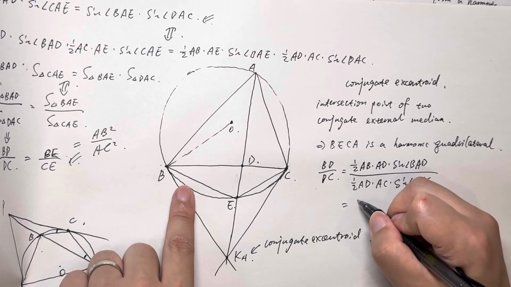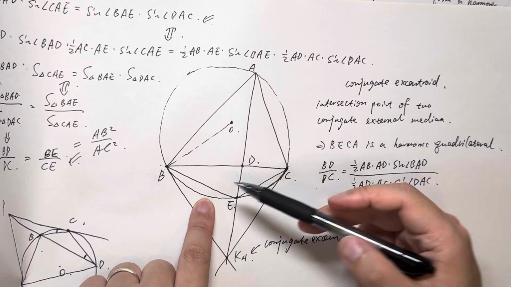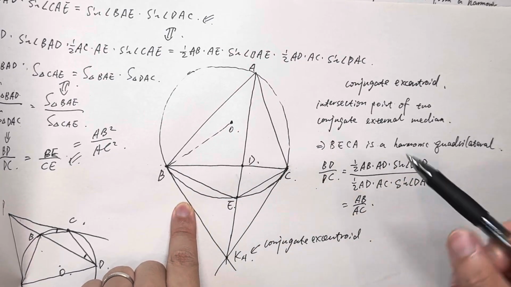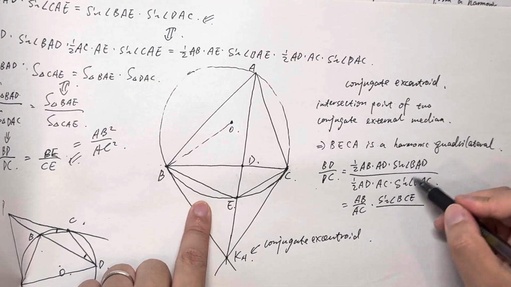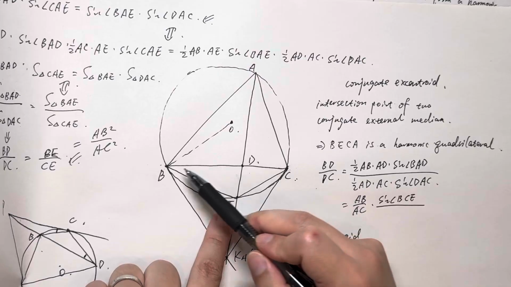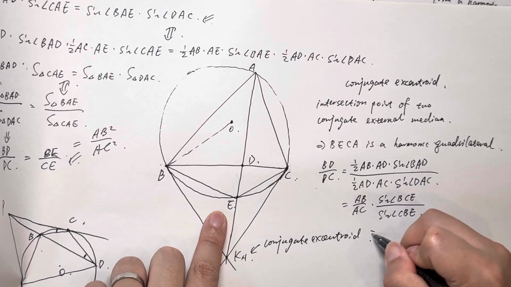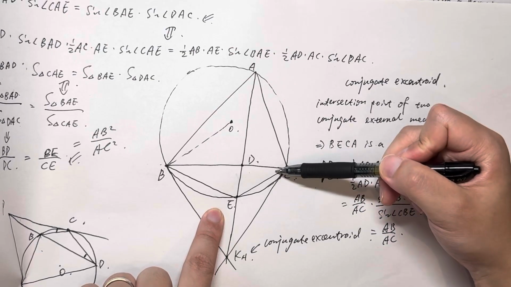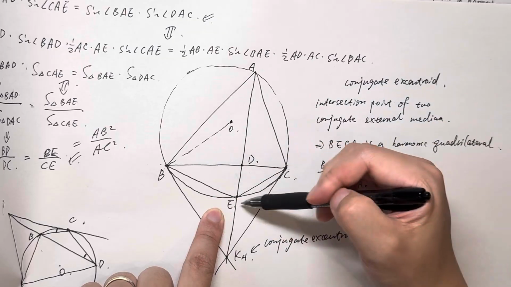That equals AB to AC times the sine of angle BAD, that is the sine of angle BCE, to the sine of angle DAC, that is the sine of angle CBE. So it equals AB to AC times the sine of angle BCE to the sine of angle CBE, that is BE to CE.